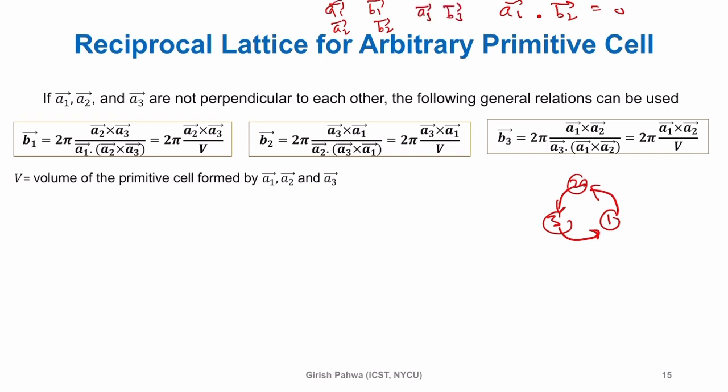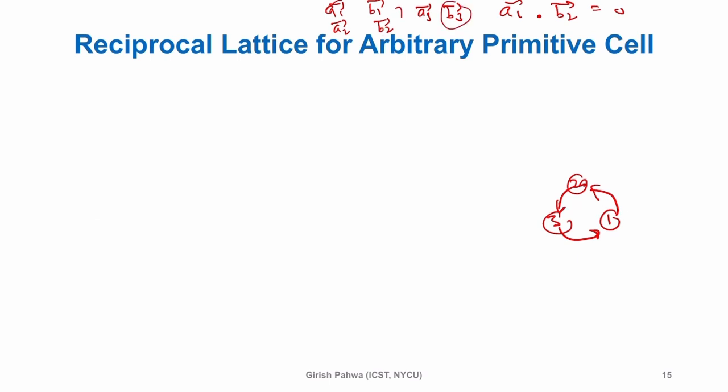They are all mutually perpendicular to each other. So if I have A1 dot B1, that will give me some number. But if I do A1 dot B2, that will give me 0. Dot product of mutually perpendicular vectors will be 0. Similarly, if I do A1 and B3, that will give me 0.